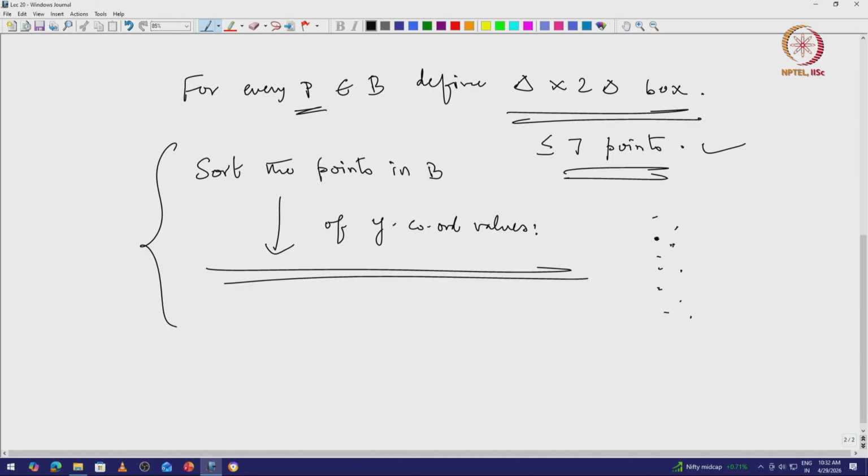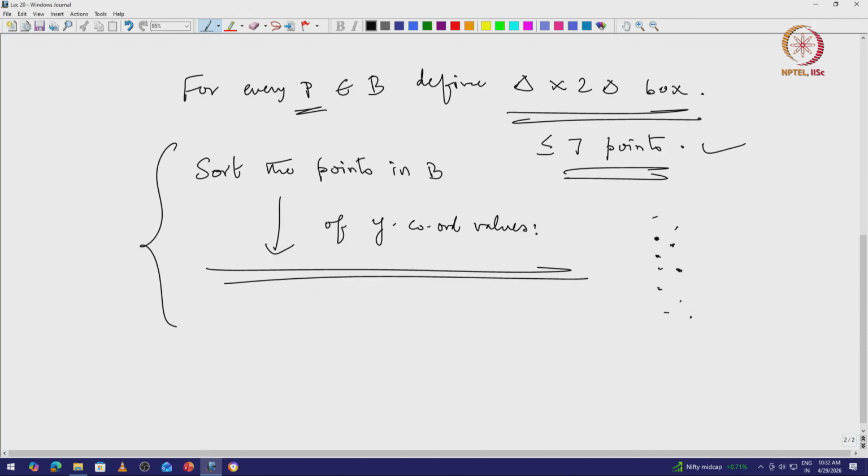The next point is further below that. The next point is again further below that. In this way it will keep going down, and you cannot have more than 7 points anyway, because if you start from P and keep going down and down, you will go far away.